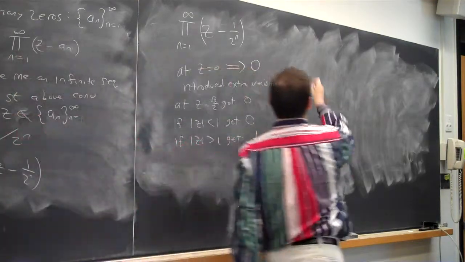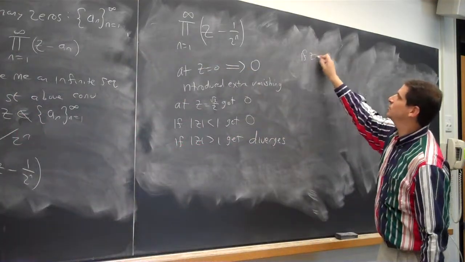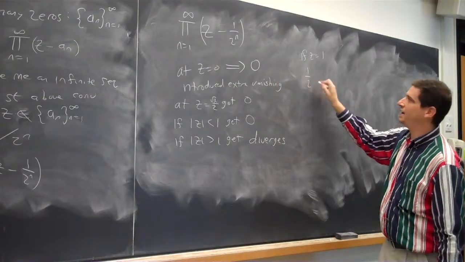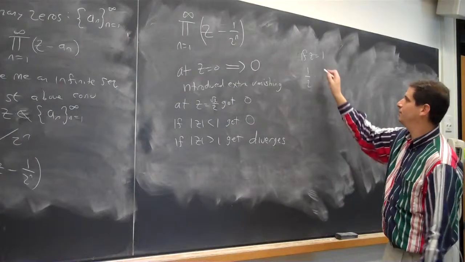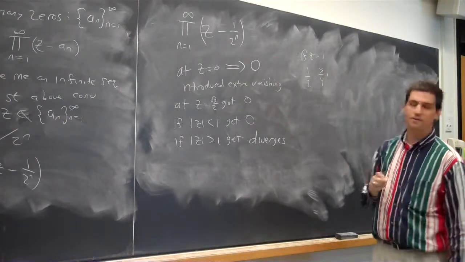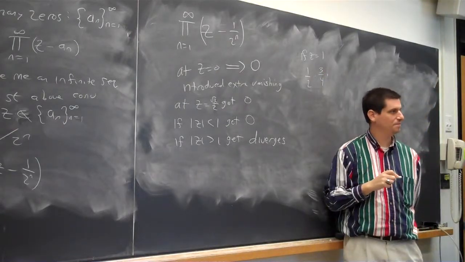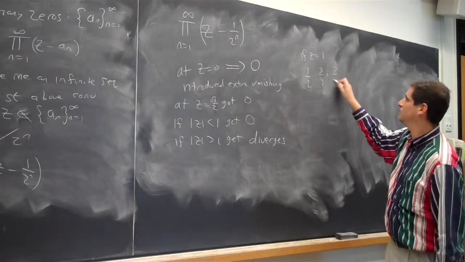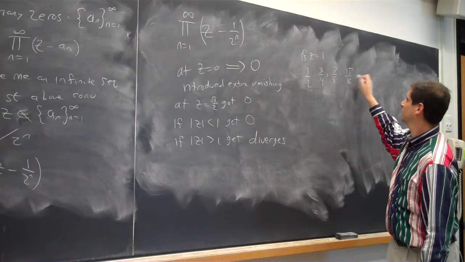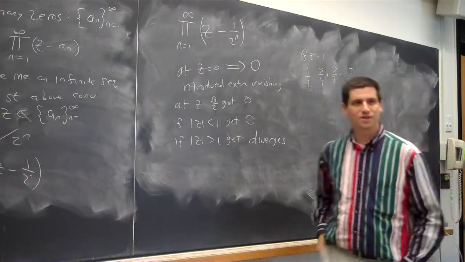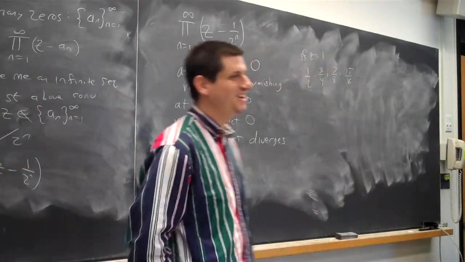Okay? So if z equals 1, let's see what we get. We get 1/2. Then 1 minus 1/4 is 3/4. Next one, 7/8. Next one, there's a chance, right?